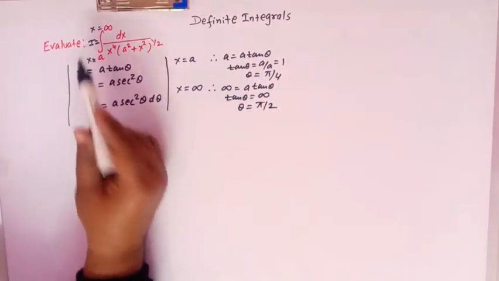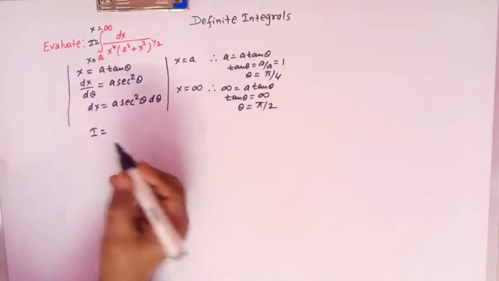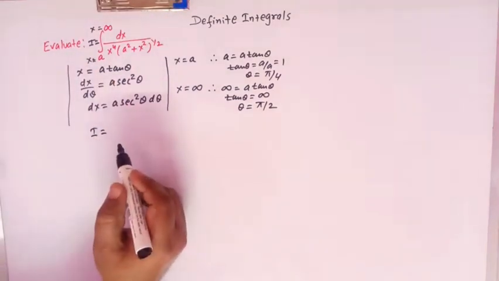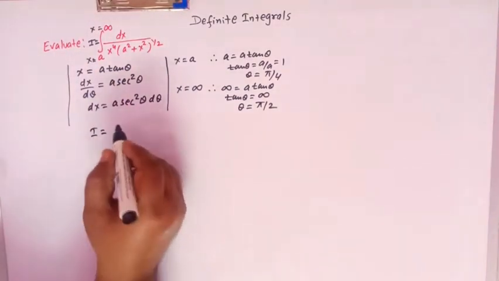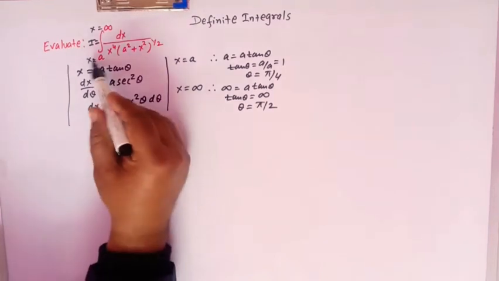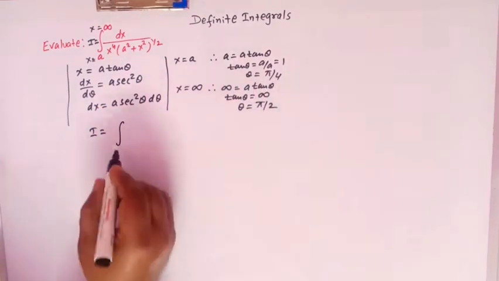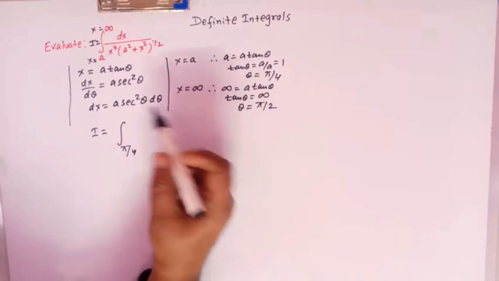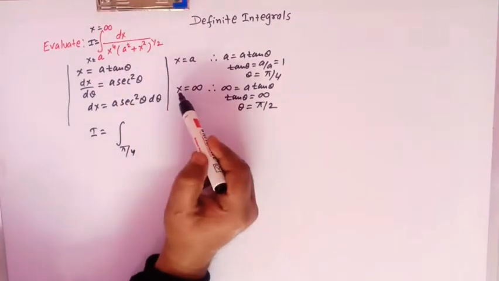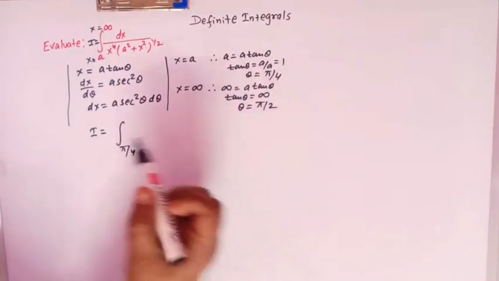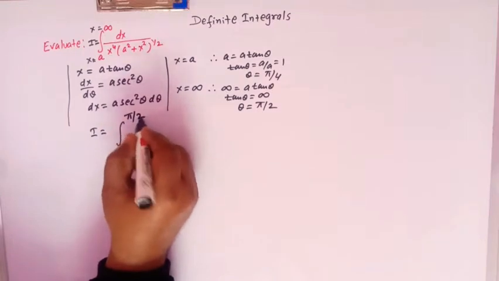Now we'll rewrite this integral I: when x is a, then theta is pi over 4, and when x is infinity, we have pi over 2.